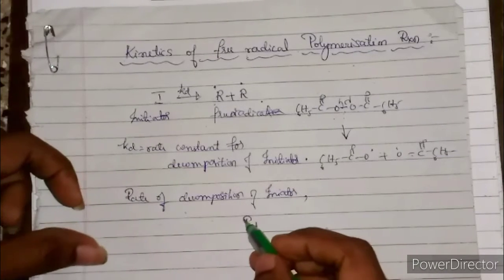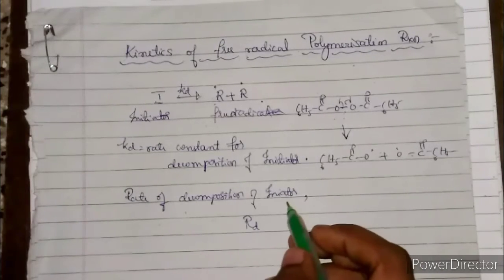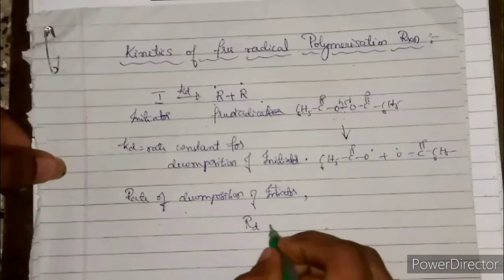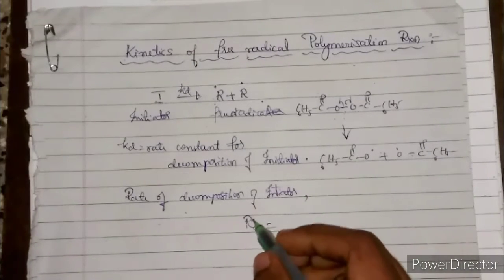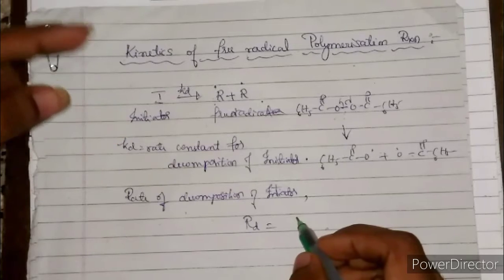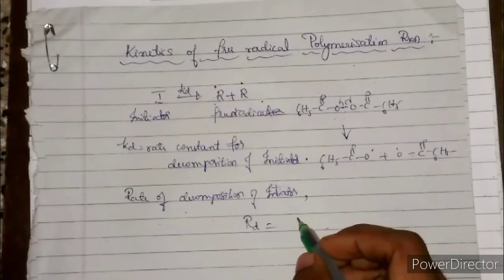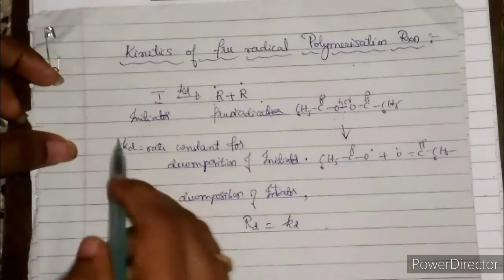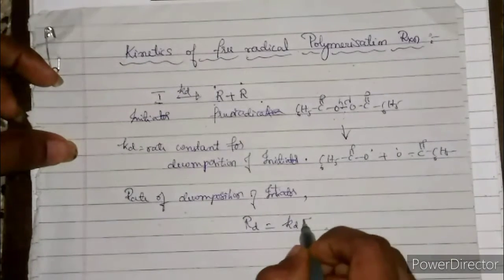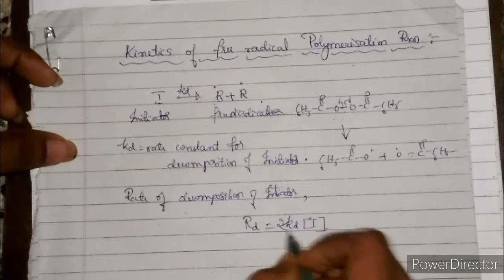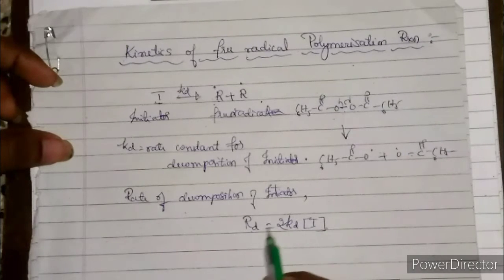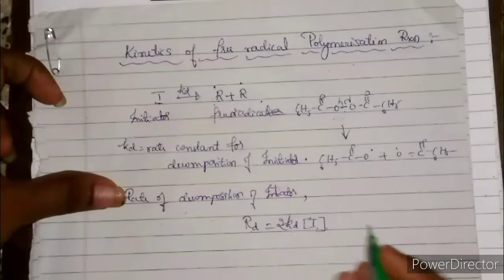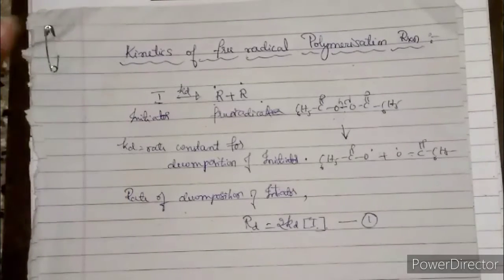Rd is the rate of decomposition of the initiator. The rate is given by the rate constant multiplied by the concentration of reactant. Here the rate constant is Kd and our reactant is I, and I write the concentration of I 2 times. So Rd is equal to 2 Kd [I]. I take this as equation 1.